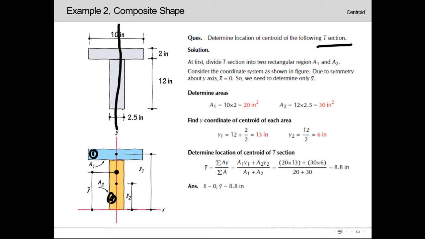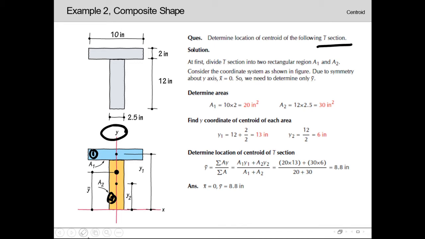And when a section is symmetric about an axis, while considering the reference axis, we need to consider that particular axis at the midpoint. We have done the same thing over here. It will be much easier to locate the centroid while we are considering the y axis at the midpoint.